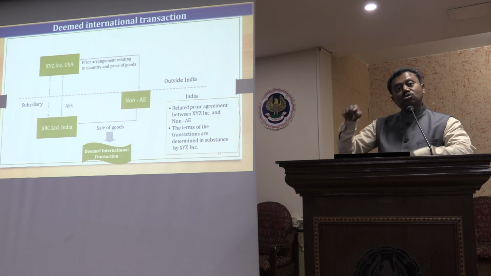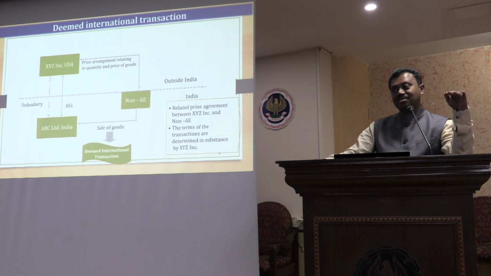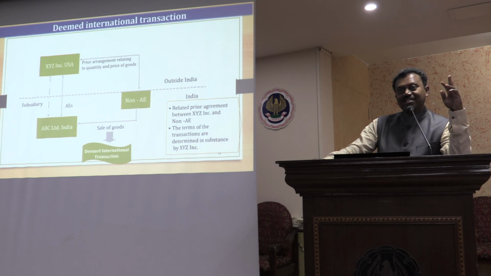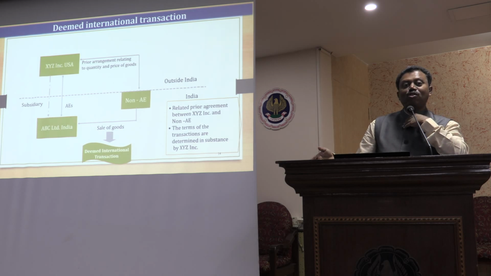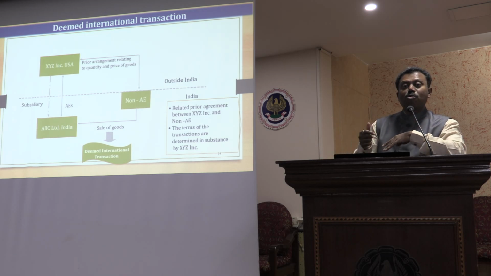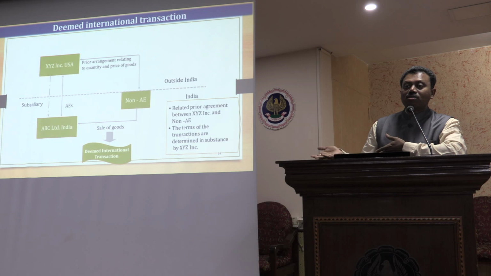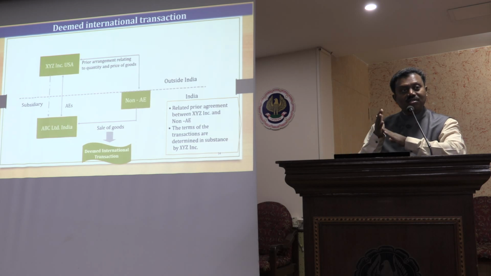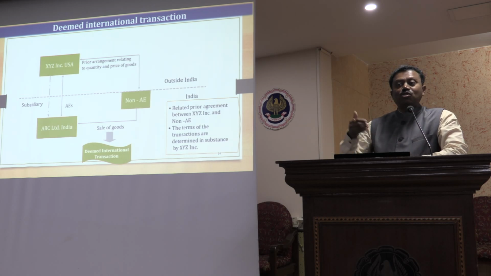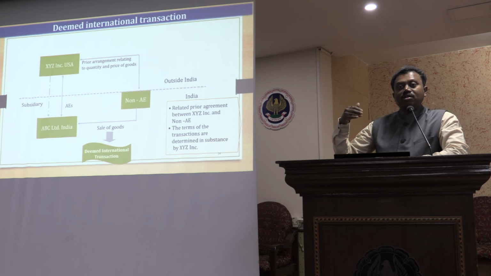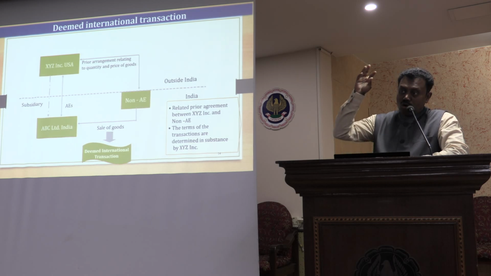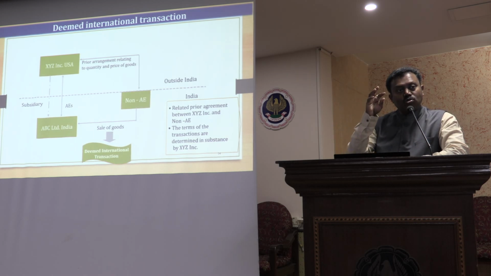In that way also the parent entity is able to reduce its cost and retain higher profits. But the Indian entity by way of this may end up with lower profits or in fact losses as well. And this is the prerequisite why the lawmakers thought that deemed international transaction also must be defined, and that also should come under the arm's length pricing principle.